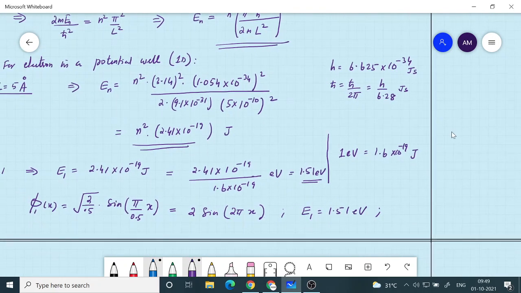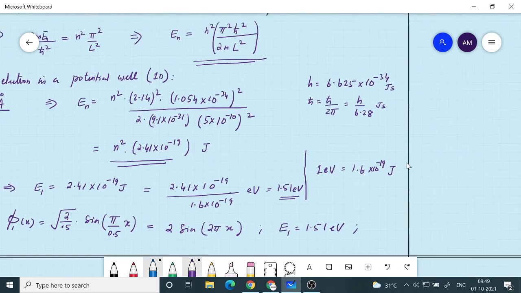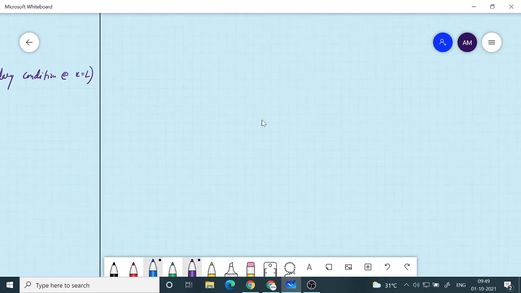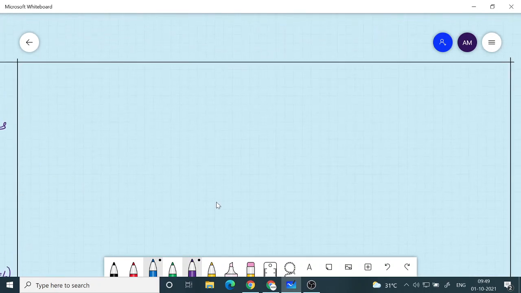Okay, let me find out two more such eigenfunctions and eigenvalues. So let's go to the second eigenvalue. So n equal to 2. For n equal to 2, we have E2. All that you need to do is write 2 squared multiplying the earlier value of energy, which was 1.51 electron volt. So this will be 4 times, which gives us 6.04 electron volt. And what is phi 2?